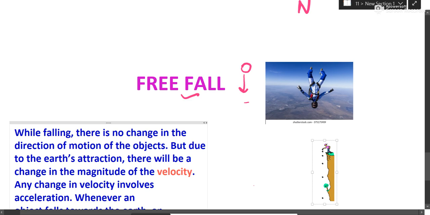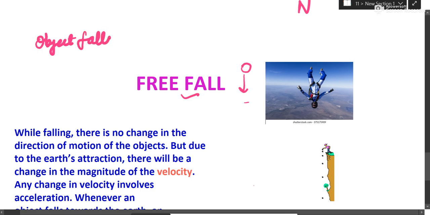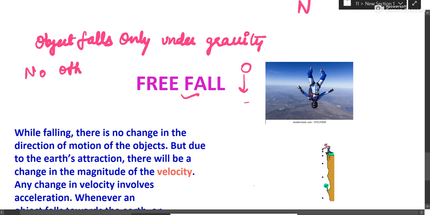That is free fall. Free fall means the object falls only under gravity. No other force should act on the object.